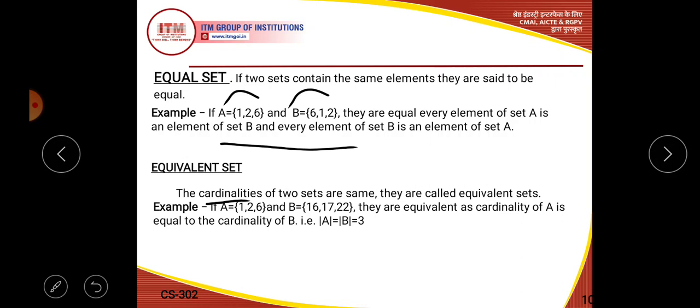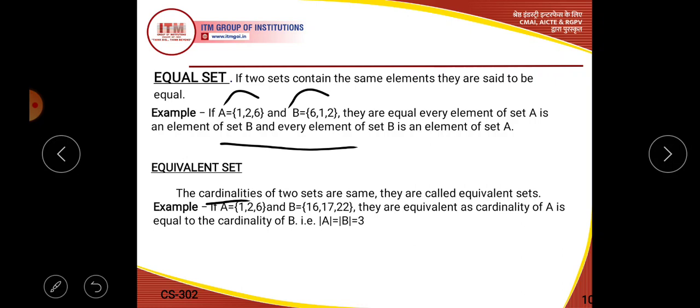Now take an example. If capital A has 3 elements 1, 2, 6 and capital B also has 3 elements 16, 17, 22, they are equivalent as cardinality of A is equal to cardinality of B.